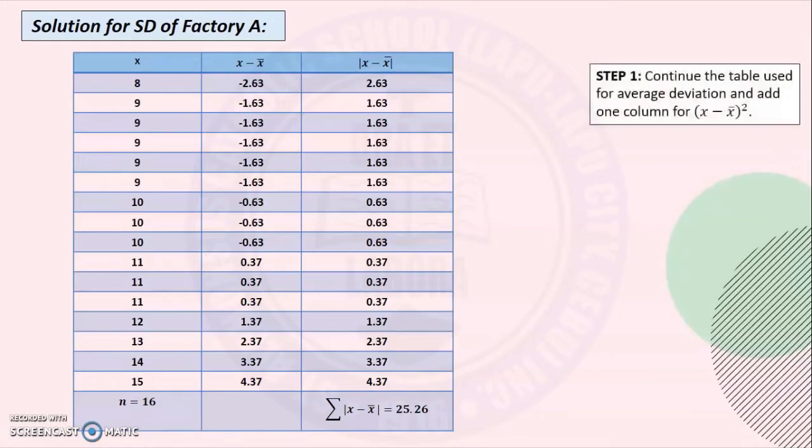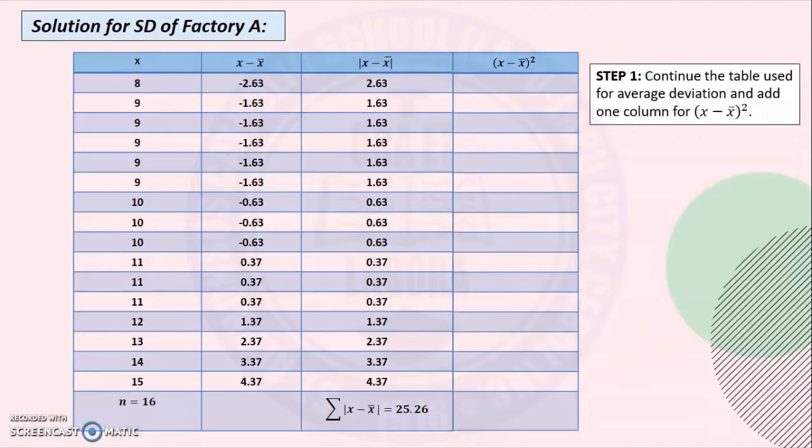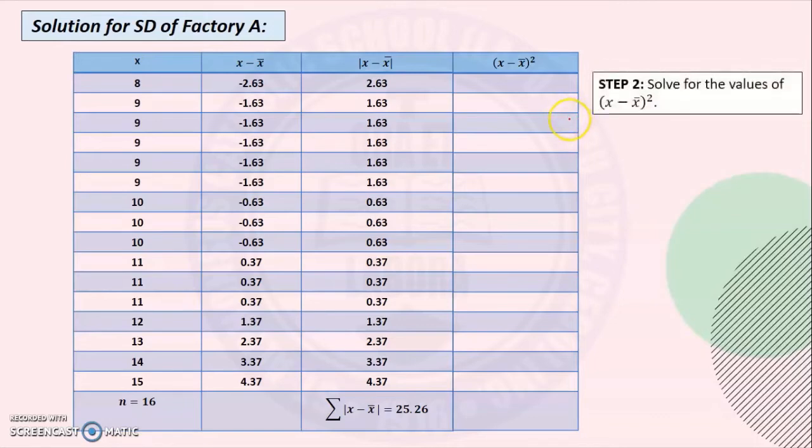So step 1, continue the table used for average deviation and add one column for the quantity of x minus mean squared. So we will just draw one column here, and the column header would be x minus mean squared. Step 2. Solve for the values of x minus mean squared. The values in this column are just the square of x minus mean.